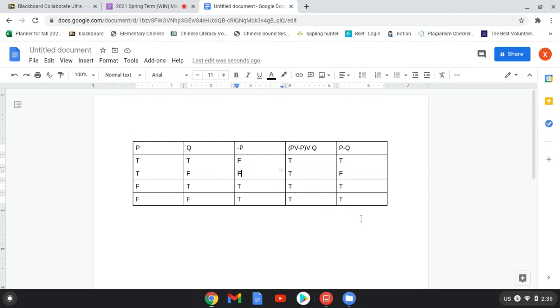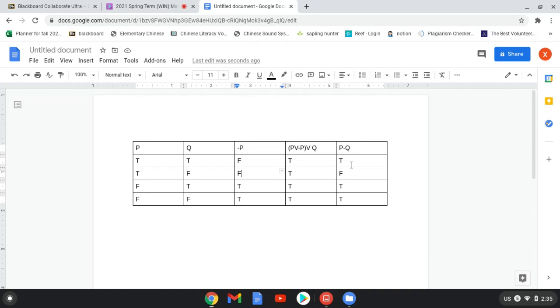Then what's your last column? Your last column is P. Hold on, let me see the question itself. Is it P implies Q? It's P implies Q. I wrote it here.